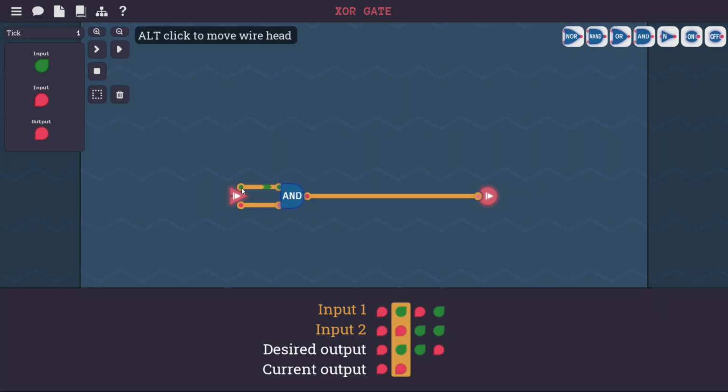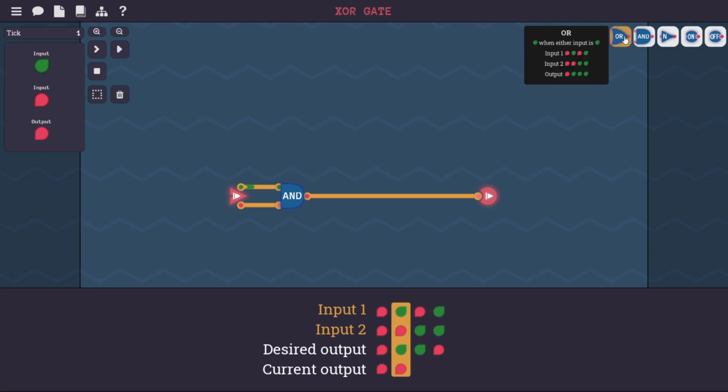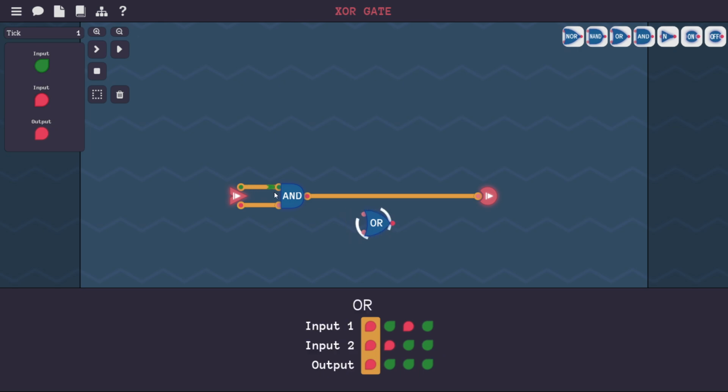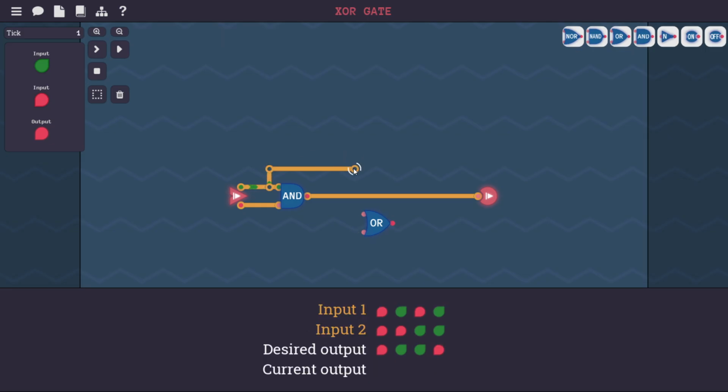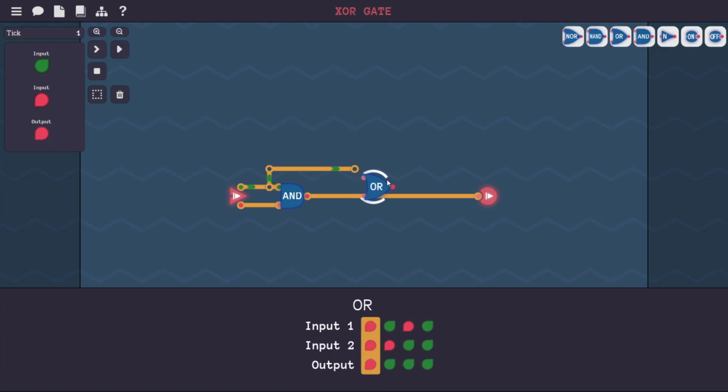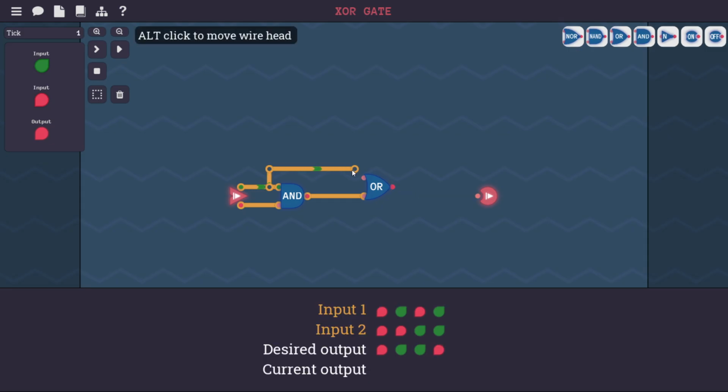And if they are different, like this is different from this, we're supposed to get a true. So let's just take that signal from here to this OR gate, and make our... it's becoming same as the previous one.